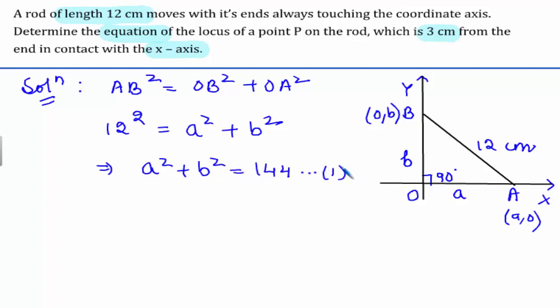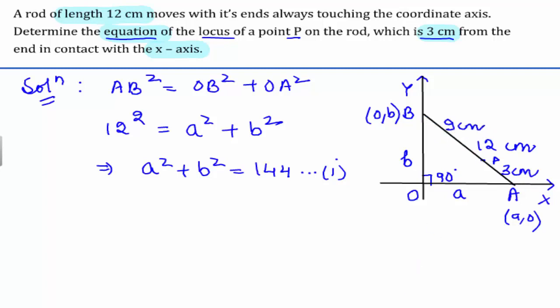Now, we have to determine the equation of the locus of a point P on the rod, which is 3 centimeters from the end in contact with the x-axis. So this is the x-axis. Suppose this is a point P which is 3 centimeters from the end in contact with the x-axis. This means if PA is equal to 3 centimeters, then BP is 9 centimeters.